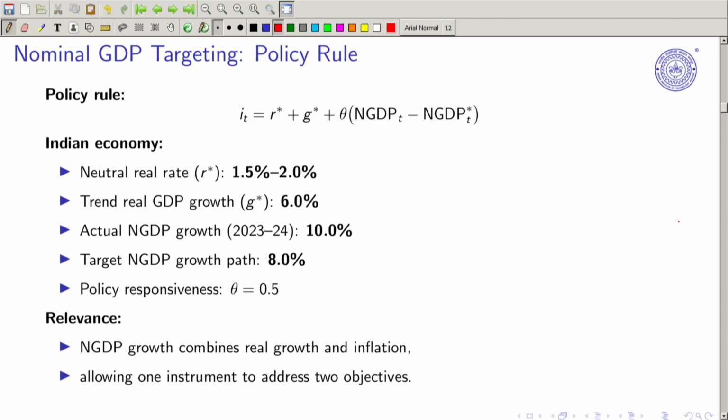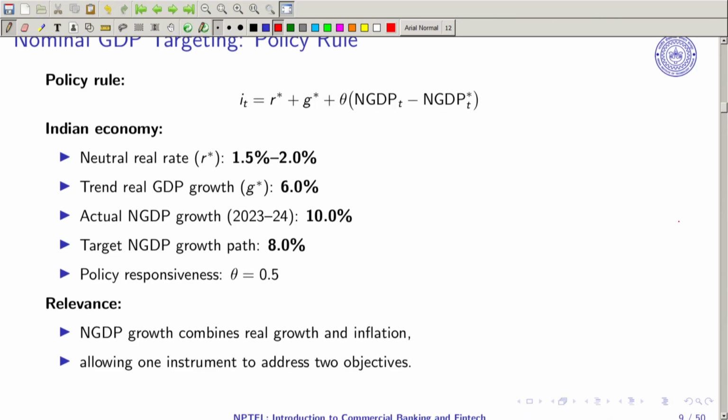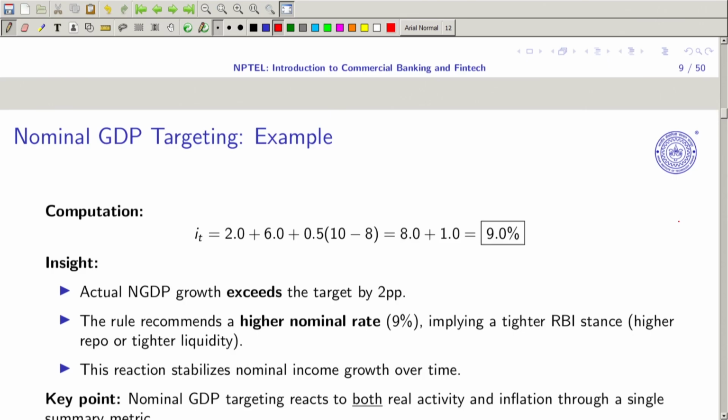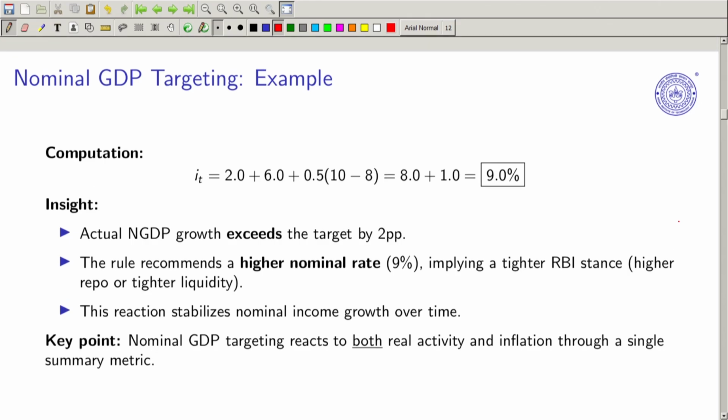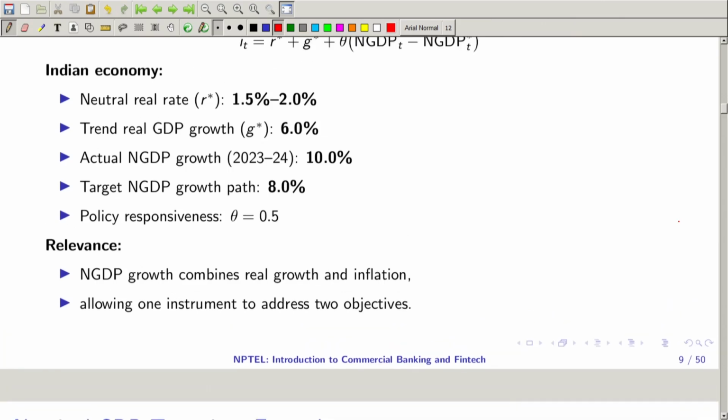Actual NGDP is 10%, the target NGDP growth is 8%, and the theta that we are considering is 0.5. So now we can see how much we are going to see. If you substitute these values here, then we get 2% plus 6%.